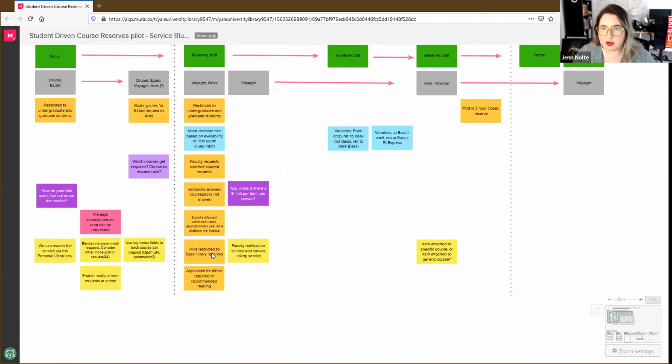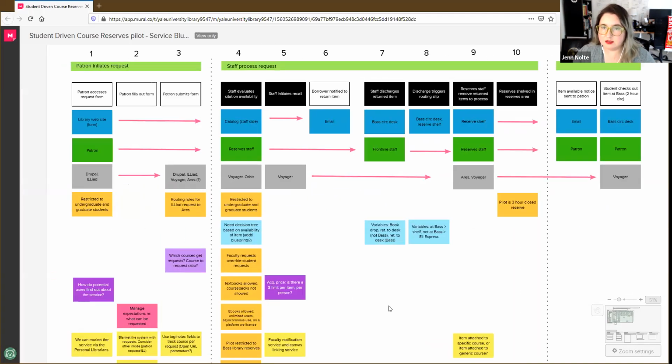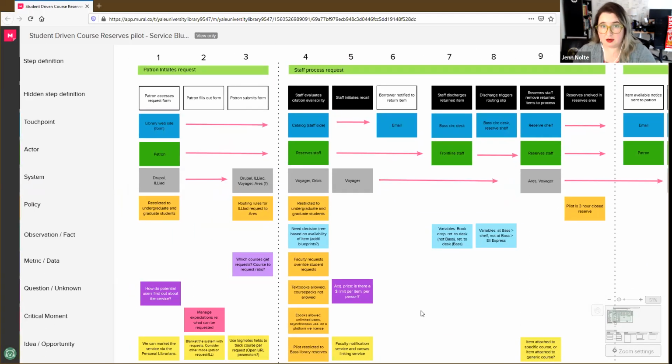You can go on and on and on, and this is a relatively uncomplicated service blueprint, to be honest, but it's really, really useful in helping everybody have a conversation about services, get everybody's ideas on the board, but then quickly understand what things should be priorities and what things shouldn't.